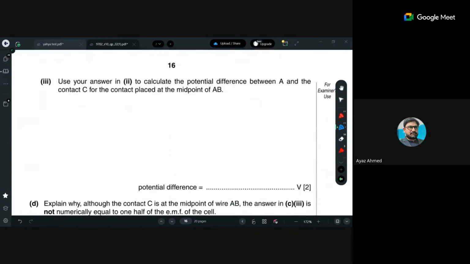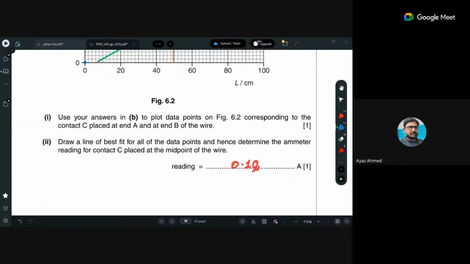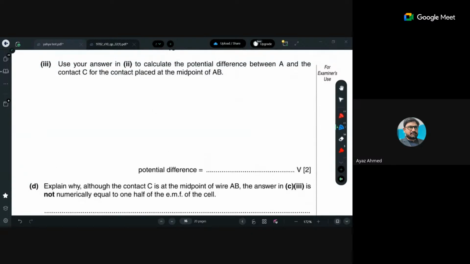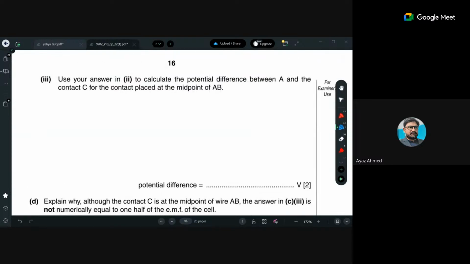So I can say that the answer in 2 is the reading of current. If this is the value of the current, then, oh, okay, now I got it. I'm just going to draw a circuit for you, for a better understanding.